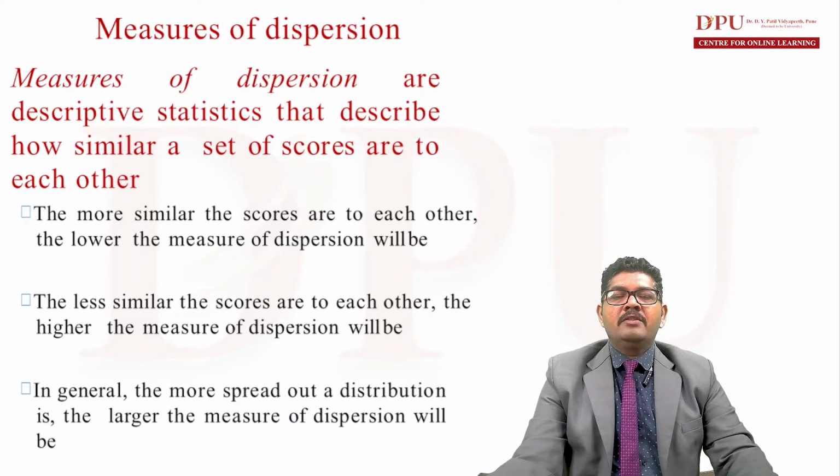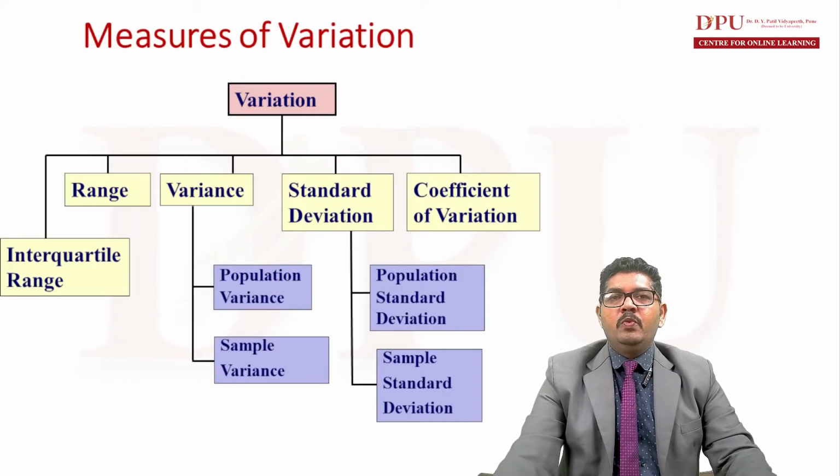The less similar the scores are, that is, if the data is spread away too much from the central value, then the measure of dispersion will be higher. In general, the more spread out the distribution is, the larger the measure of dispersion. If the data is spread too widely from the central value, then the measure of dispersion will be high. Otherwise, it will be low.